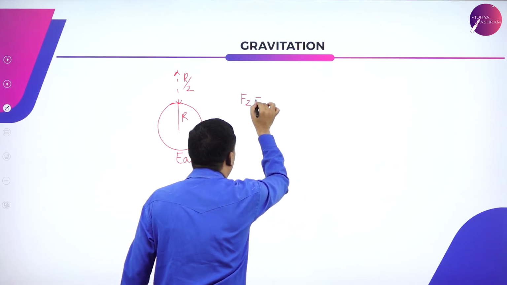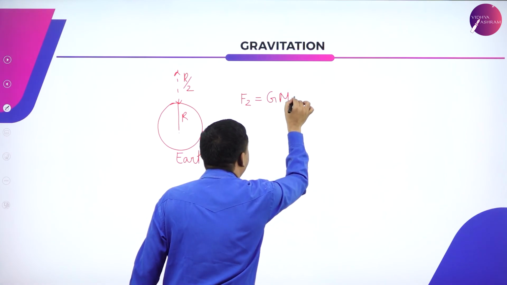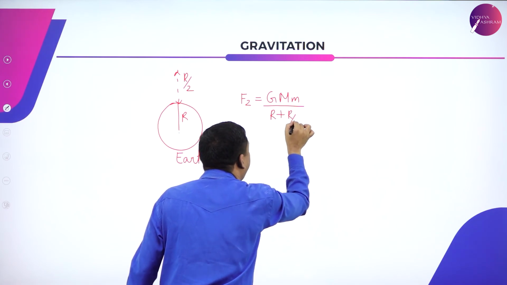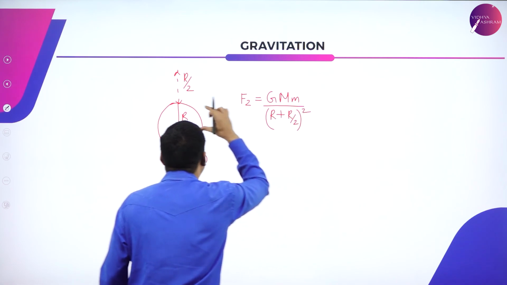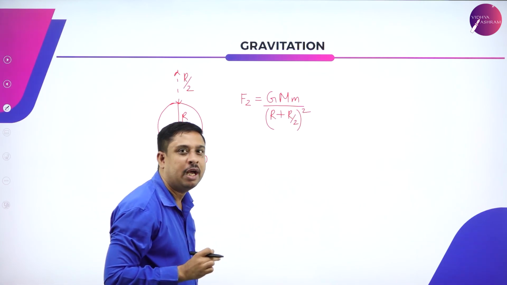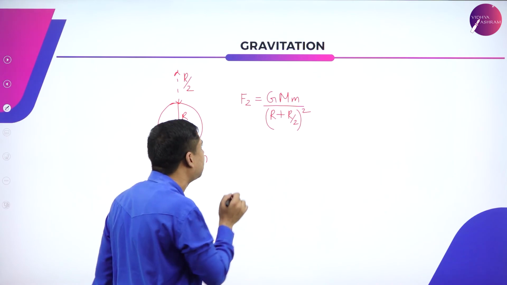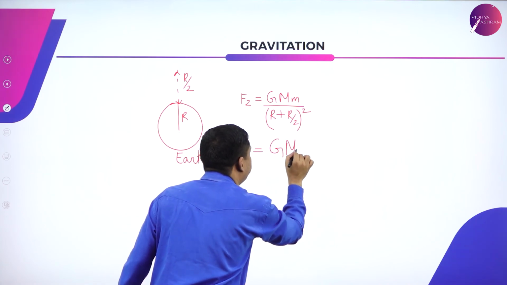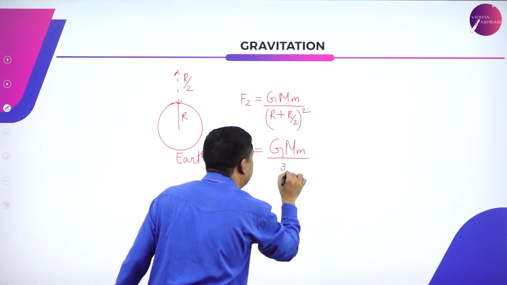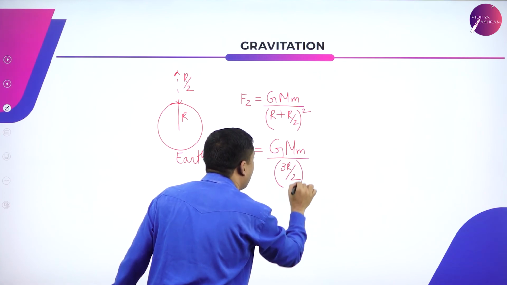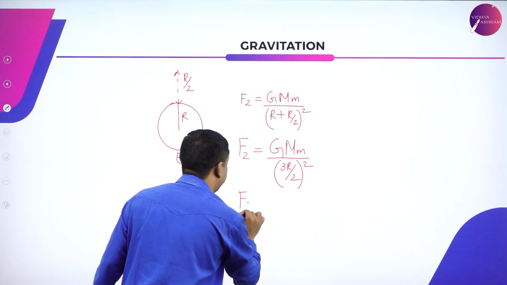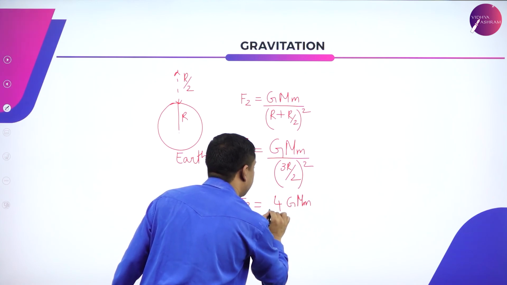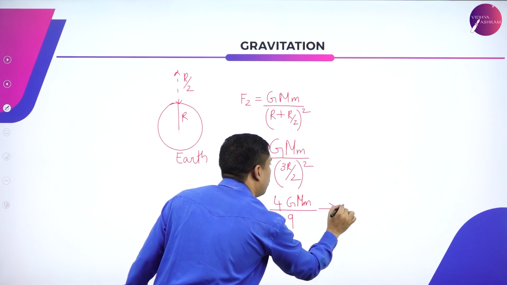So again, F2 is G M m by, now this is R plus R by 2 whole square. This R plus R by 2, height half the radius of the earth, or F2 equals GMm divided by 3R by 2 whole square, or F2 equals 4 GMm by 9 R square, equation 2.